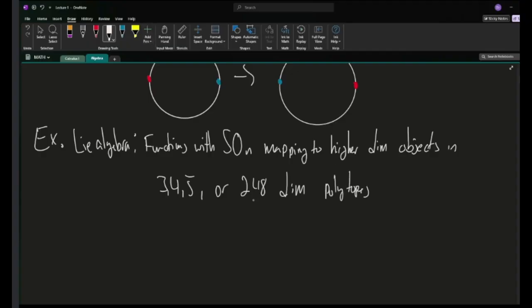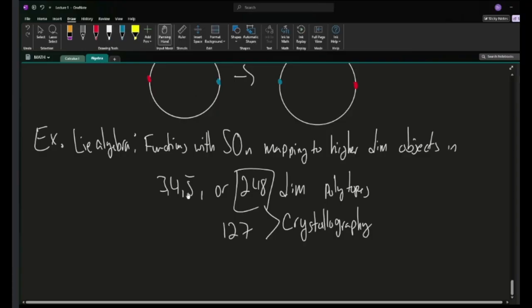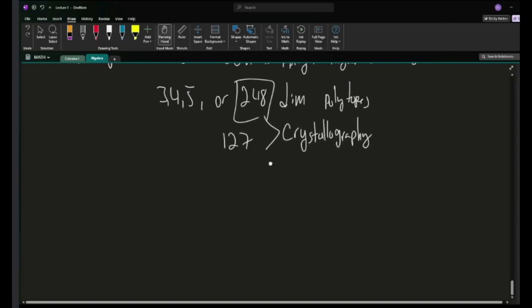And I just thought that was really cool, especially since it's like 248, or I think even 127 maybe. These are specifically dealing with these concepts in crystallography. So I thought that was a fun fact.